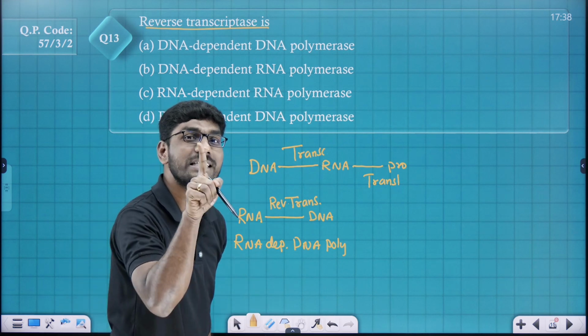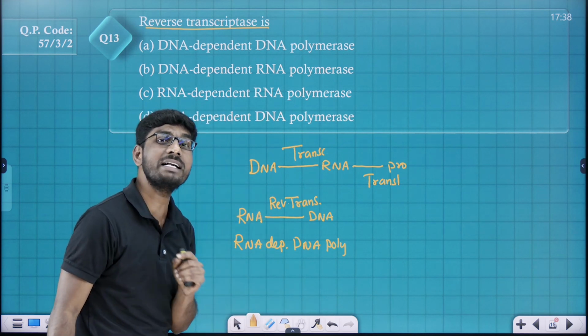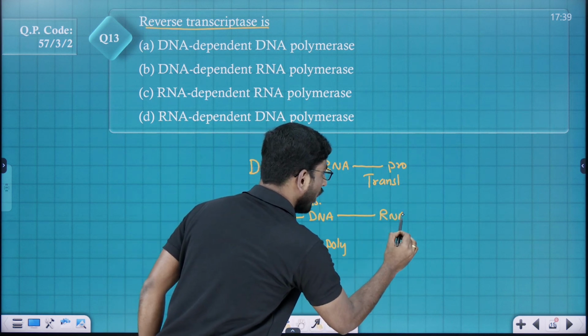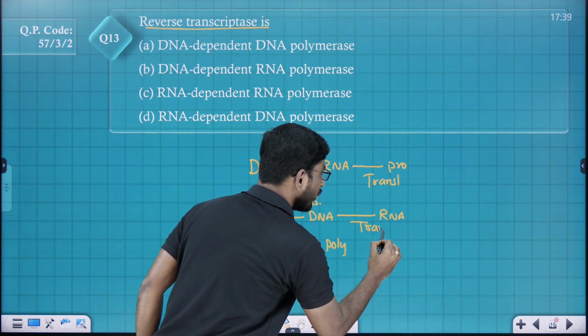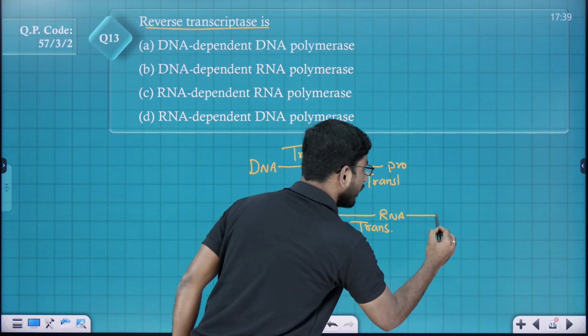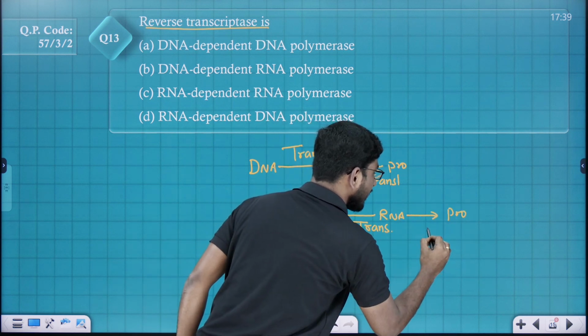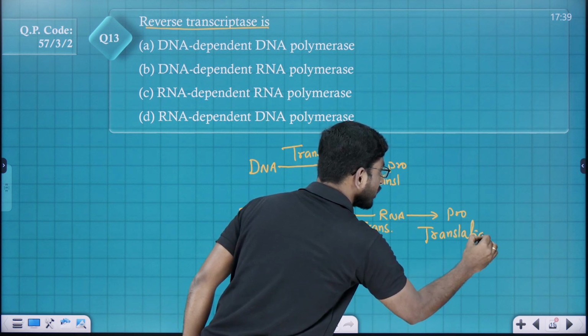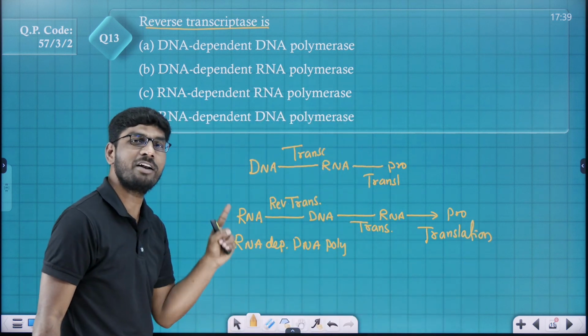Such DNA is called cDNA, complementary DNA. And from this DNA, again RNA forms. This is called transcription, normal transcription. And from here protein formation takes place, called translation. This is actually RNA as the genetic material in organisms.